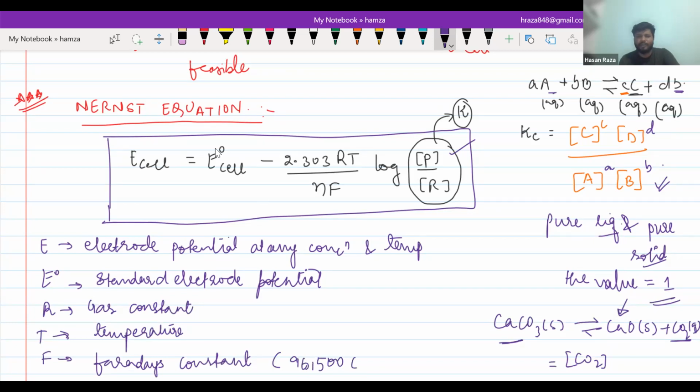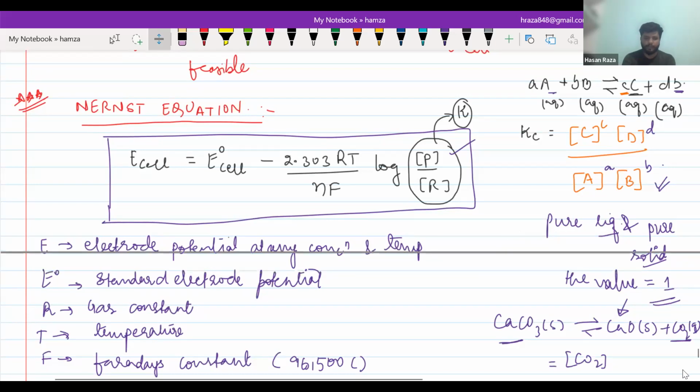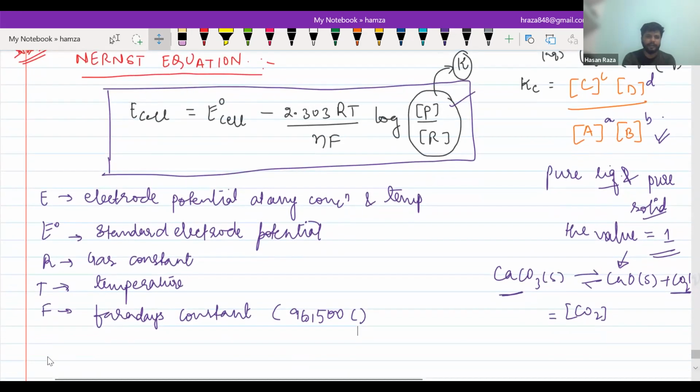In some questions, the value of F will be taken as 96,000 according to the question. So if the value of F is given in the question, please use that value. And N is basically number of electrons gained or lost.